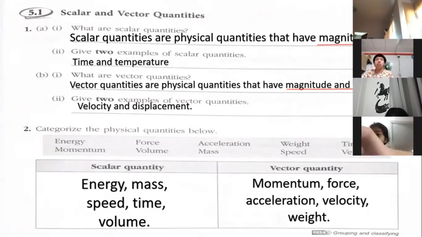Okay, so again, don't forget about scalar quantities. Scalar quantities have magnitude only. But for vector, there is a magnitude and there is also a direction.